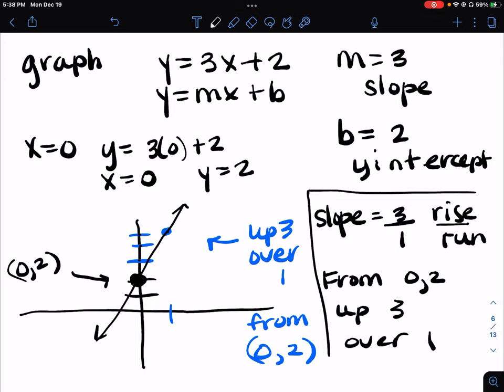Okay, so you'll land at that blue dot. Okay, slope means start at your first point. Rise means up, run means over to the right. Okay, so from our first dot, count up 1, 2, 3 spaces and count right 1 space.